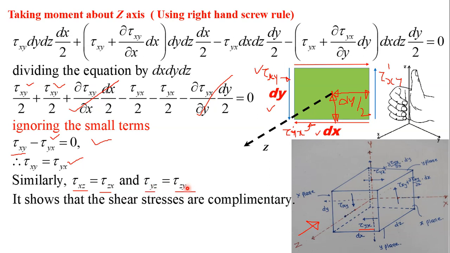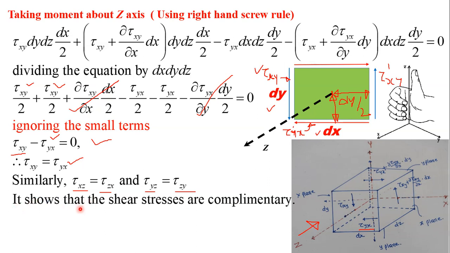Now, while solving a question in examination, you have to take moment about x-axis, y-axis and about z-axis. So, you have to solve the complete derivation. You should not write simply taking moment about z-axis and hence we can write like this. No, you should completely derive these equations or this relationship.